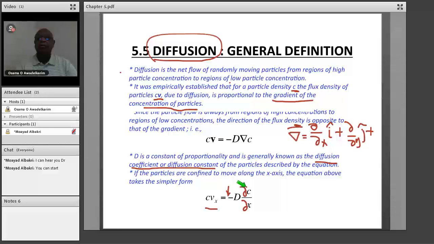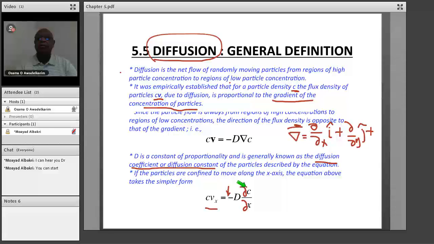So C is concentration. Now, this first slide applies to any solution and to any gas, to any medium. It doesn't have to be a semiconductor. It doesn't have to be electrons and holes. Anything.